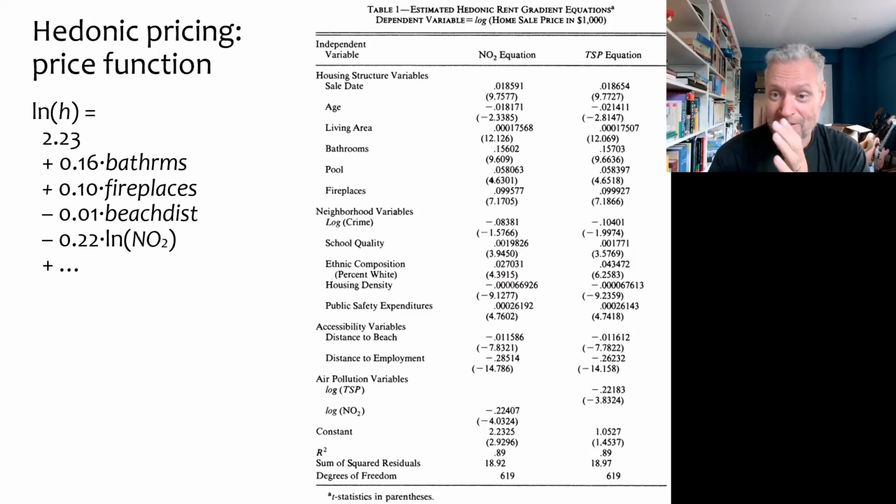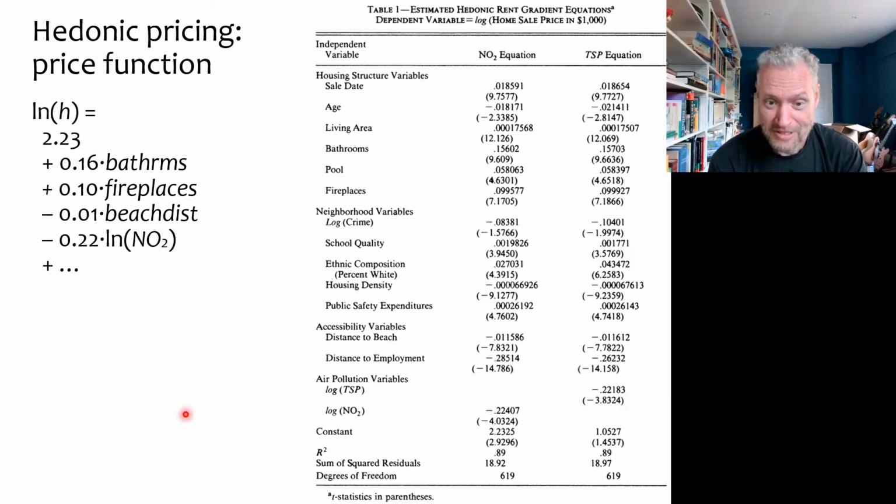The density of the housing, is it an urban area or a suburban area or a rural area? The distance to the beach, and this is a negative sign, so the further away you are from the beach, the lower the price of your house. Distance to employment center matters, but then also air quality.